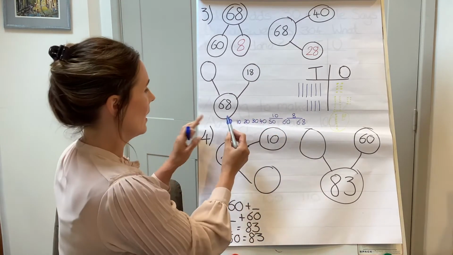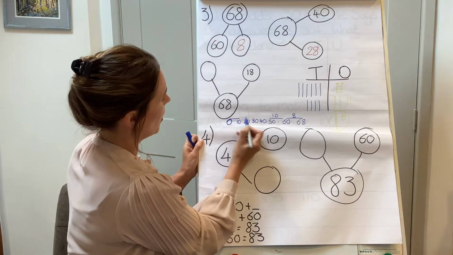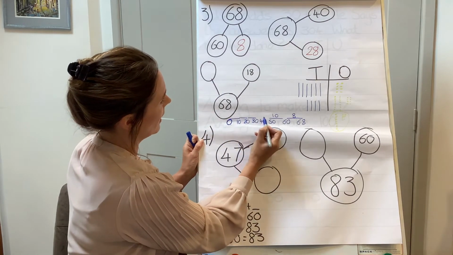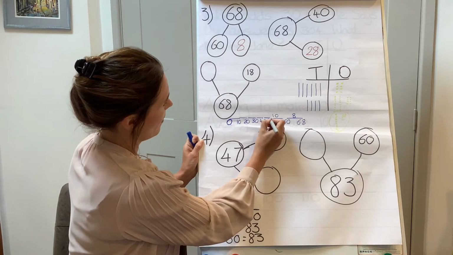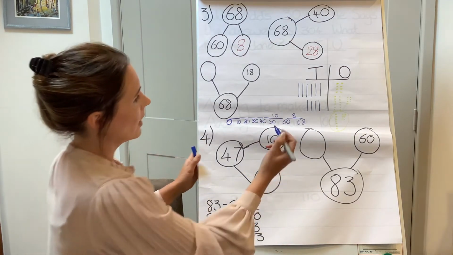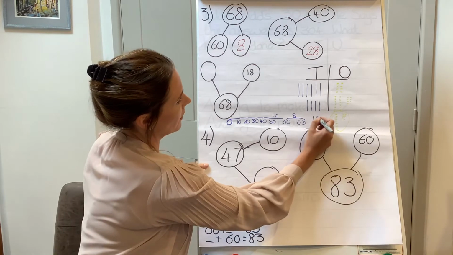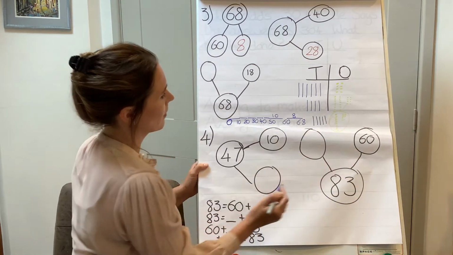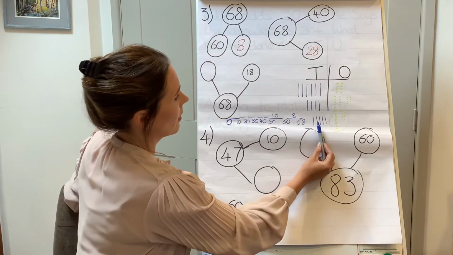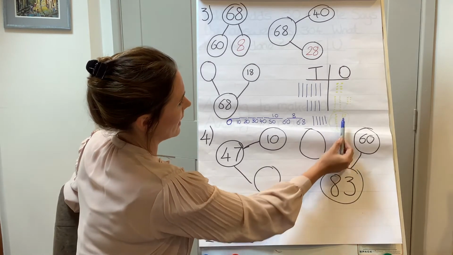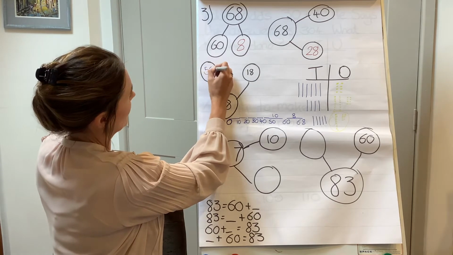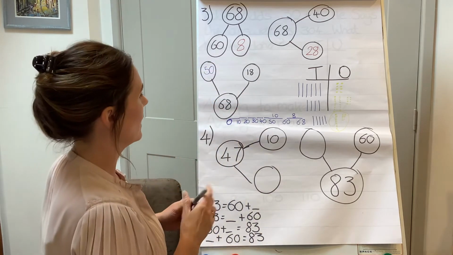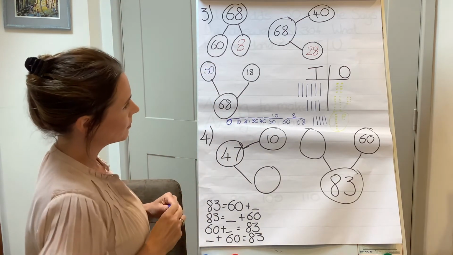So how many tens would we have? 1, 2, 3, 4, 5 tens there. And if you look at it here, if we draw our 5 tens in, we have got 50, 60, 8. So it makes 50. 50 and 18 makes 68.